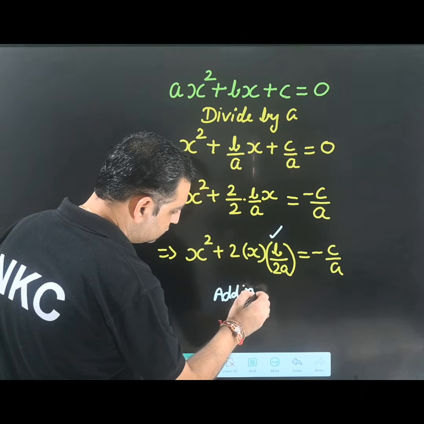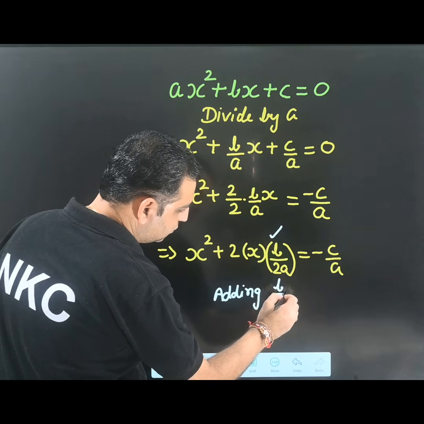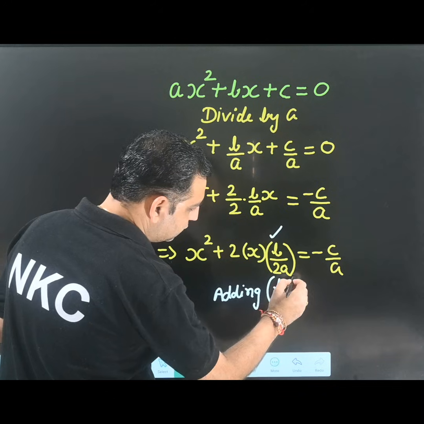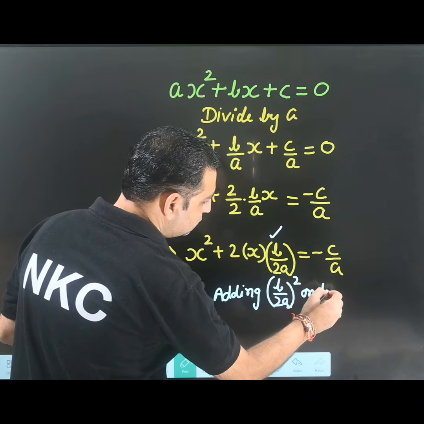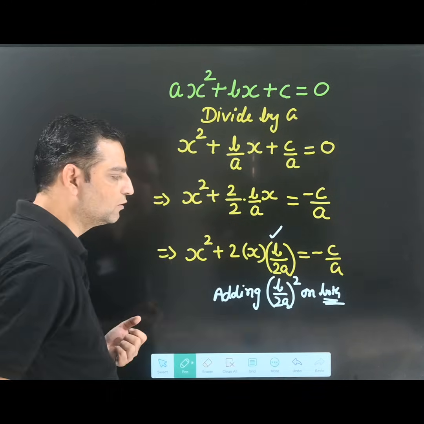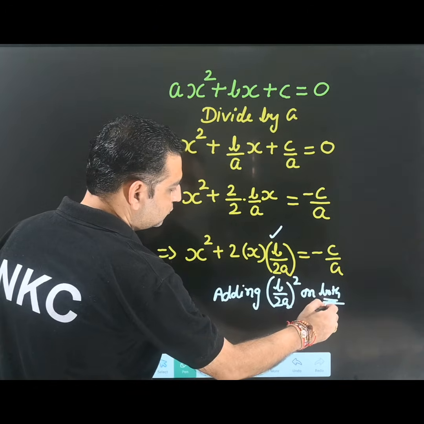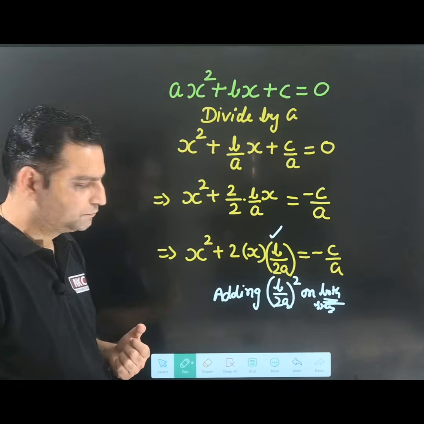is add this b upon 2a whole square on both sides. Okay, we need to write it on both sides. What will happen?